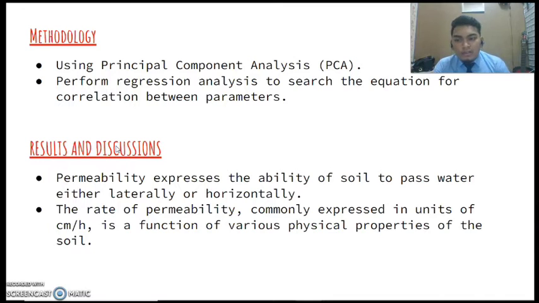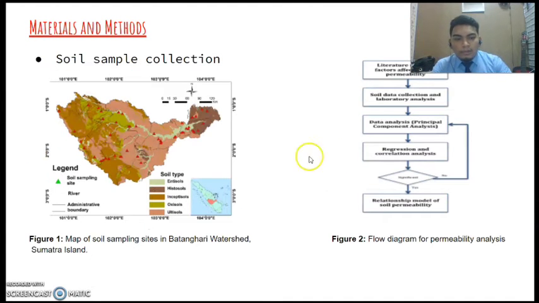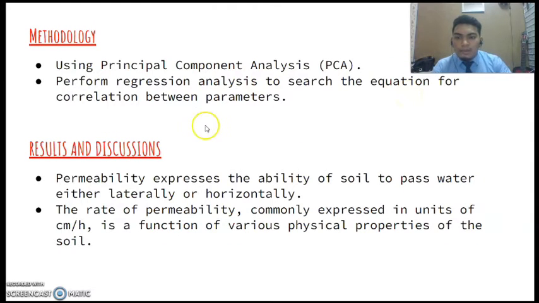In general, the stages of this study are to identify and determine the factors related to the soil permeability value, as shown in figure 2, which is this one, figure 2, flow diagram of permeability analysis.